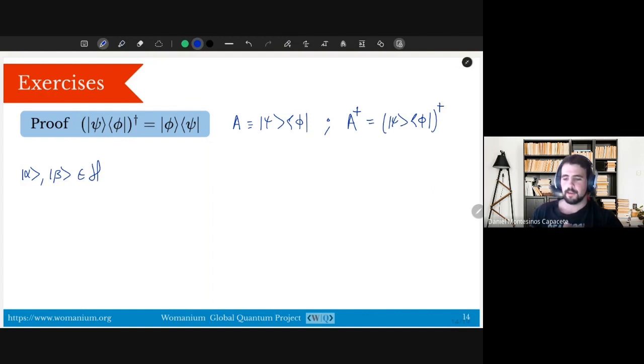And let's calculate this. Let's write this down. Basically, this will be the same as this one here.